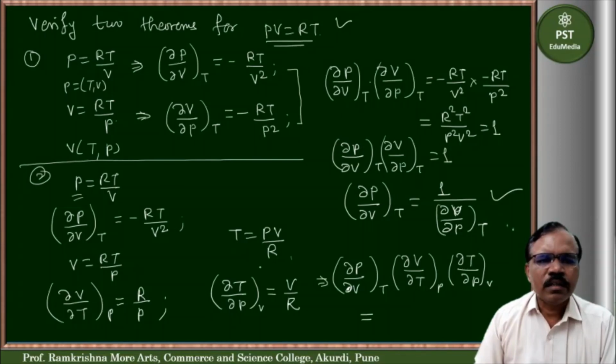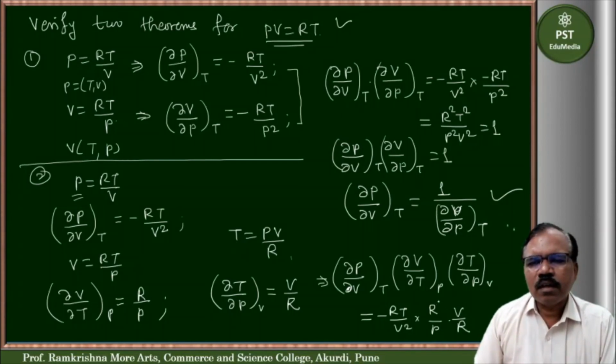minus RT upon V square into R by P into V by R. Here one R will get cancelled, one V will get cancelled.